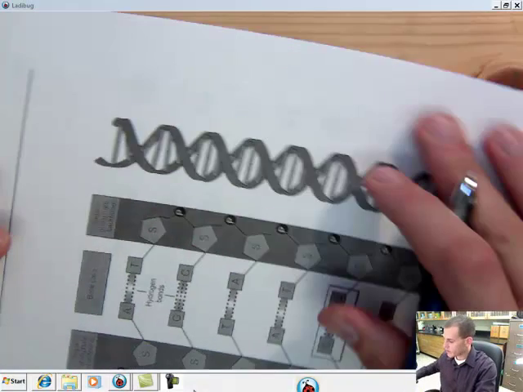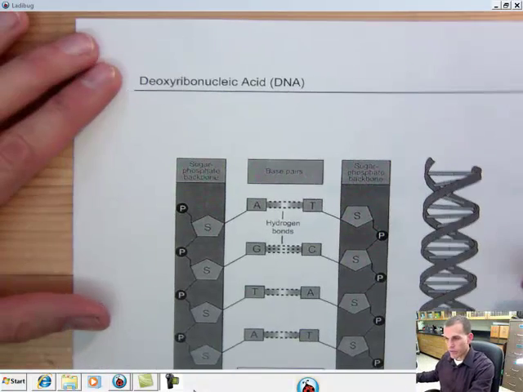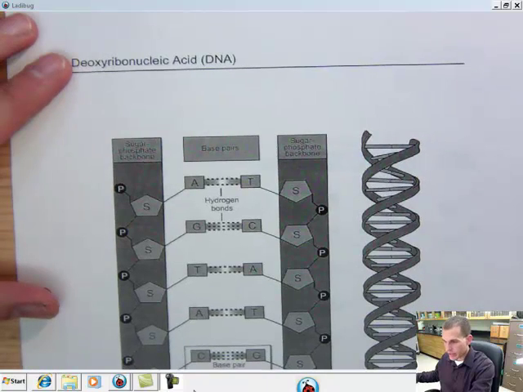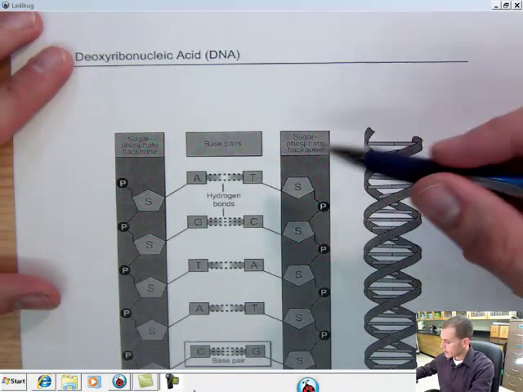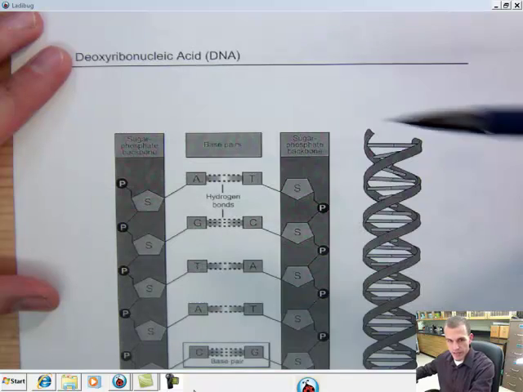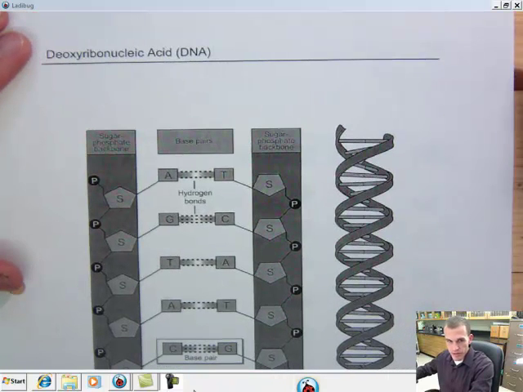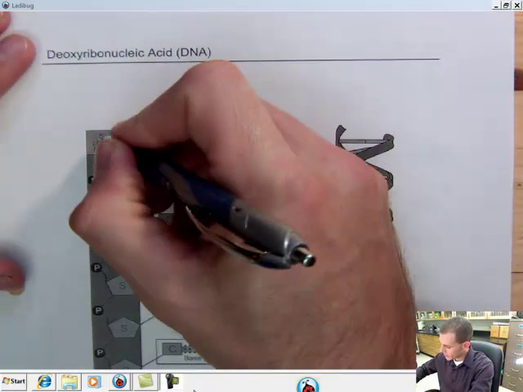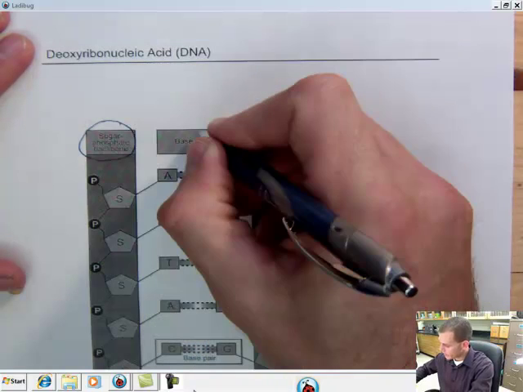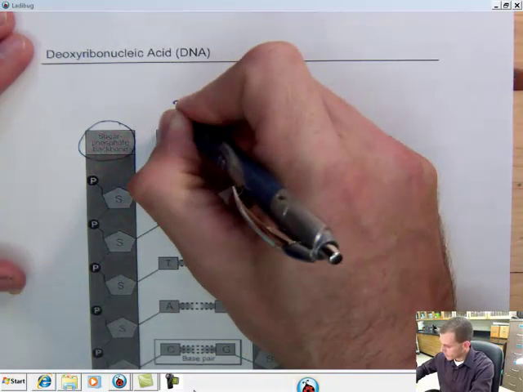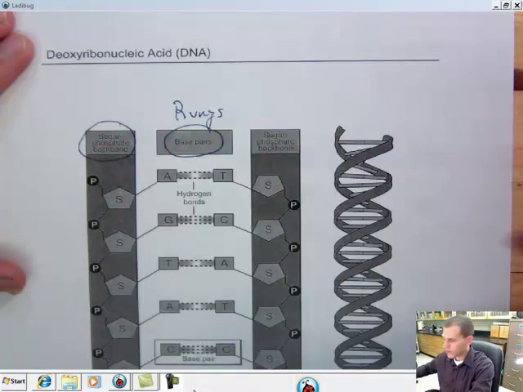Then on page 47 in your packet, you can see our sugar phosphate backbone, and you have your base pairs in here, also referred to as the rungs of the ladder.